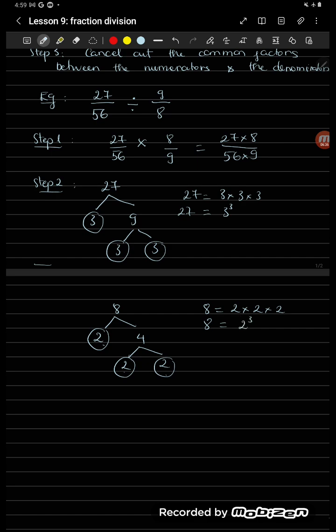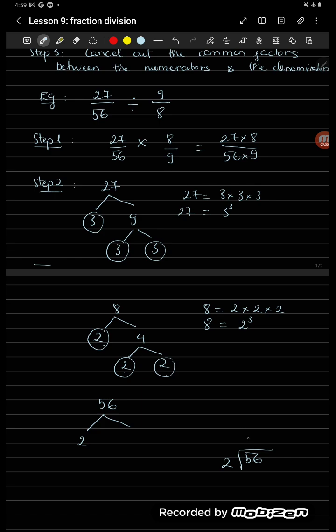Now we continue with the bottom part. We have 56. So 56, you can check, is an even number. So for sure it can divide by 2. Okay, but what is the quotient? So 56 divided by 2. We do long division here.